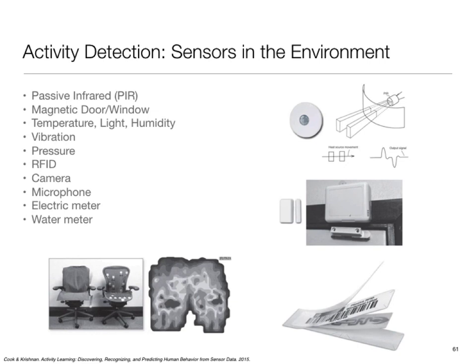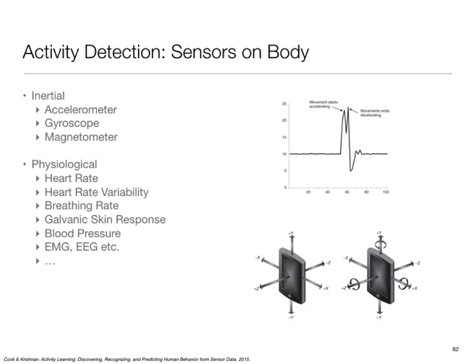So sensors in the environment is one approach, and sensors on the body is the other extreme. When it comes to the body, the most common sensors used are the ones detecting physical motion in some form: accelerometer, gyroscope, and magnetometer, and then at a coarser scale, GPS, give you motion related data.